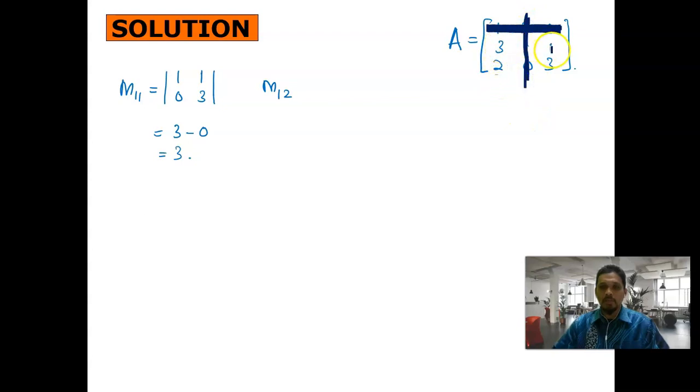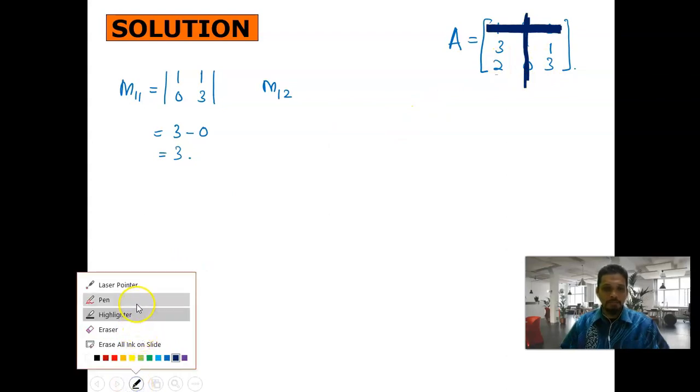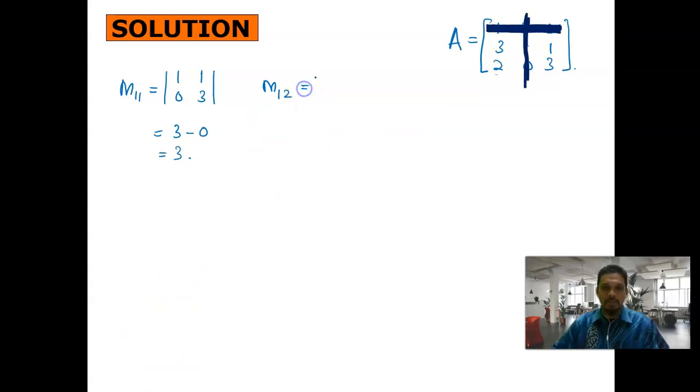We got 3, 1, 2, 3. So this is the minor of 3, 1, 2, 3. Then 3 times 3 equals 9, minus 1 times 2 equals 2. So 9 minus 2 equals 7.